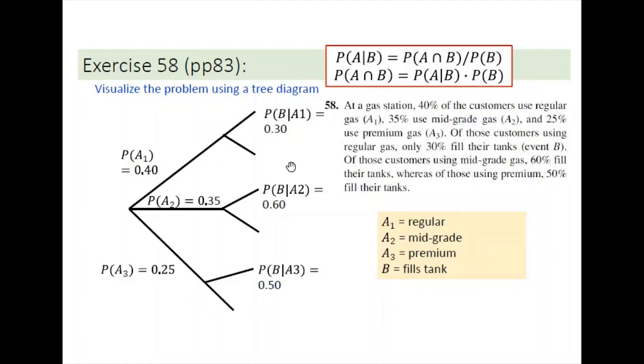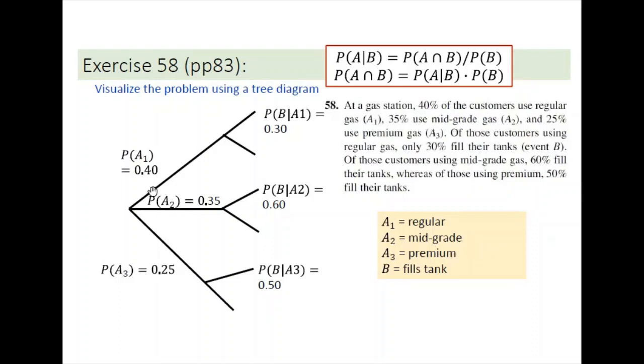So look at these 3 diagrams. What is the probability of A1? What is the probability of using regular gas? You can see here, customers using regular gas is 40%. So the probability of using regular gas is 40% or 0.4. But what is the probability of A2? 35% use mid-grade gas.